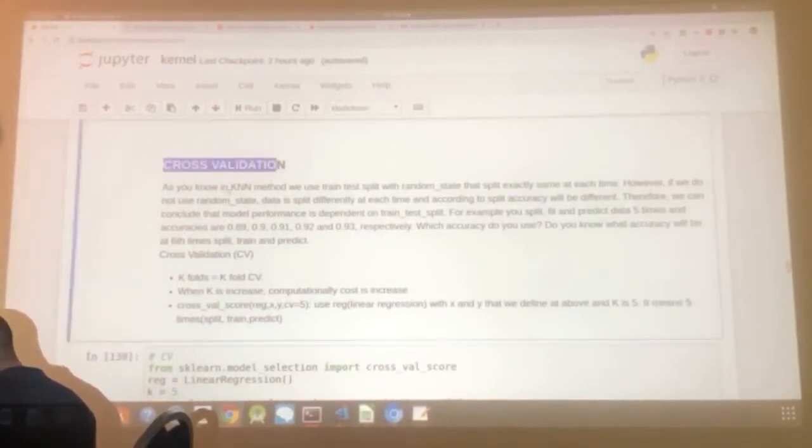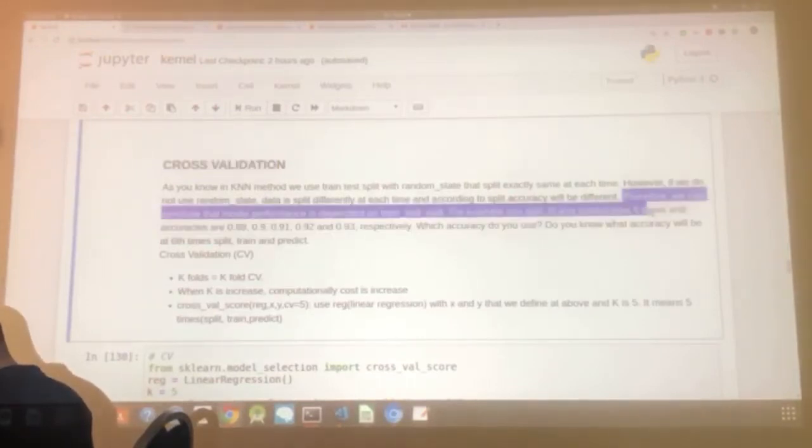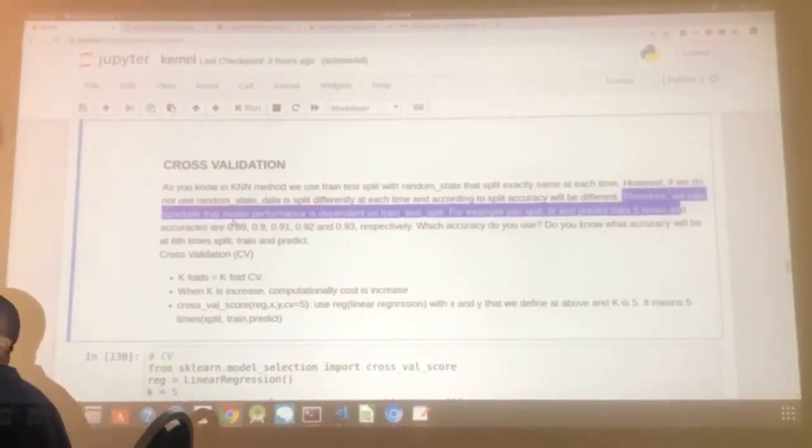Now, this is what I was talking about: cross-validation. Now, we need to look into this. There was a guy who said that our accuracy depends on how I change my test data, the test set, the test size.